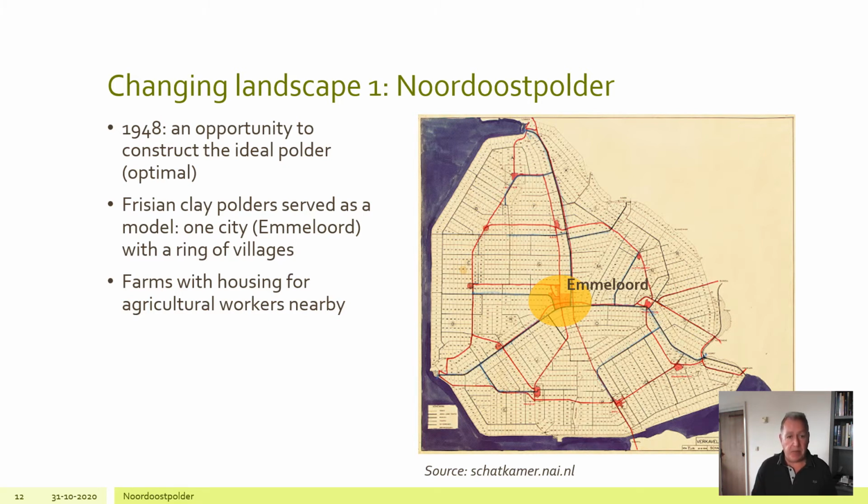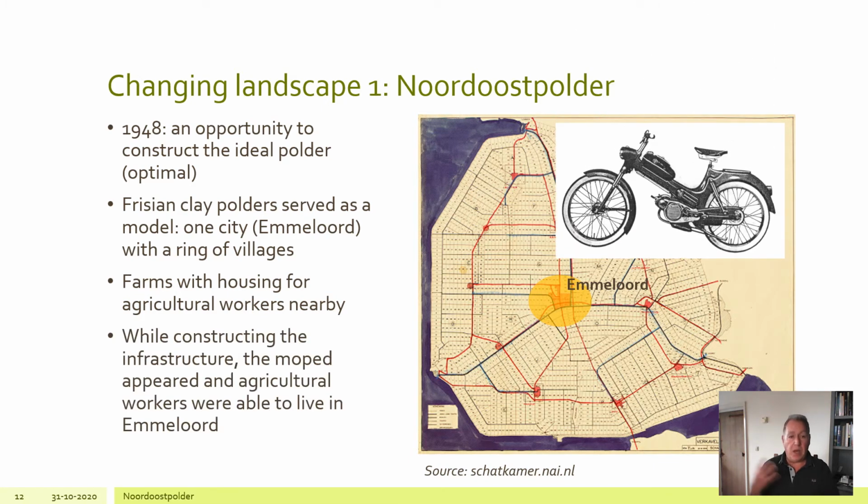The Frisian clay polder served as a model, and they planned one city, Emmeloord, in the middle, with a ring of villages around it. And they also planned farms with housing for agricultural workers nearby, small houses. But then, while they were constructing the polder, the moped appeared and agriculture workers were able to live in Emmeloord. So they had to adapt the plan.